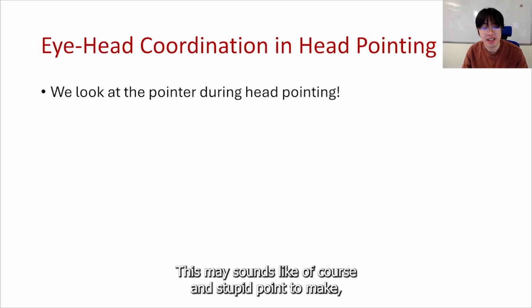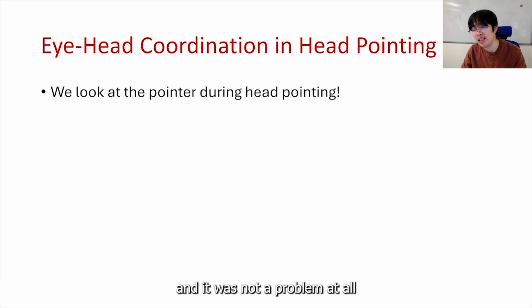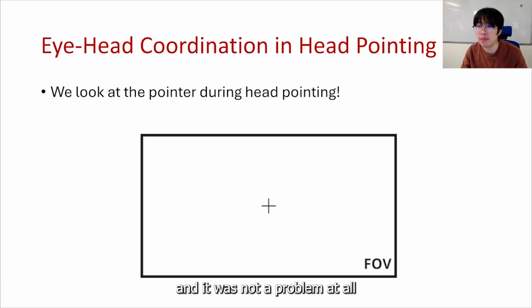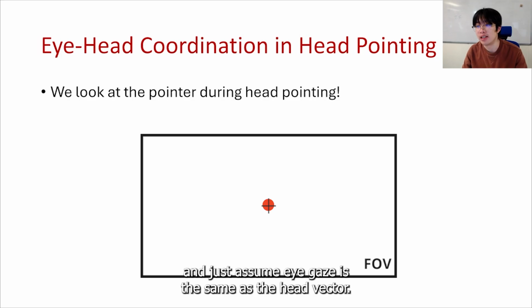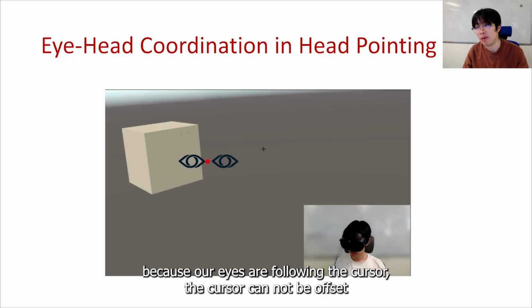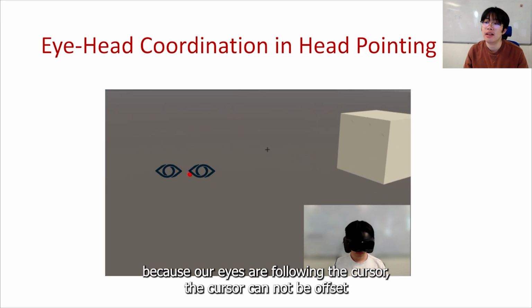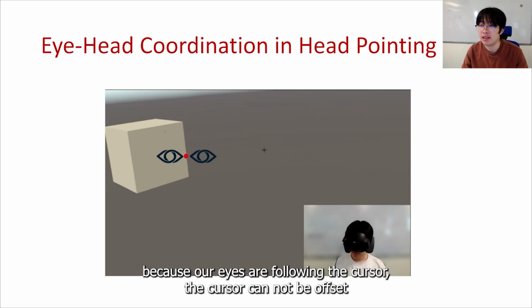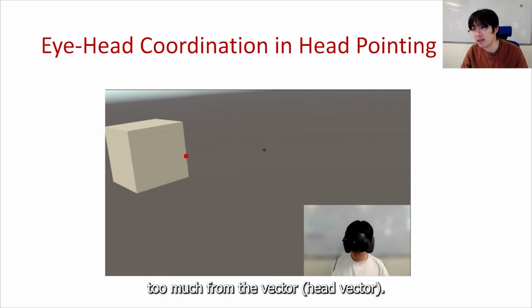This may sound obvious, but it was not a problem at all if we just fixed the cursor at the center and assumed eye gaze is the same as the head vector. However, when the cursor is decoupled, because our eyes follow the cursor, it cannot be offset too much from the head vector.